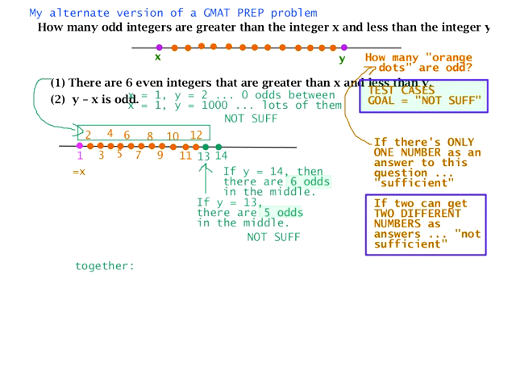If we look at the example up here, these are your orange dots. If you want there to be 2, 4, 6, 8, 10, and 12 in the middle to satisfy statement 1, then you're going to be able to do that with 1 and 14. And you're also going to be able to do that with 0 and 13.